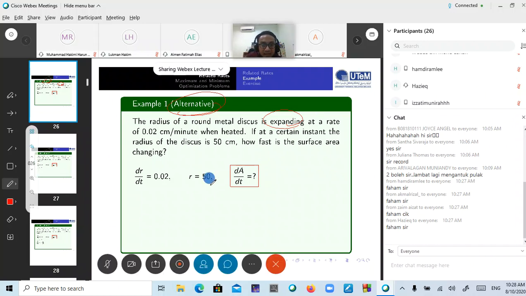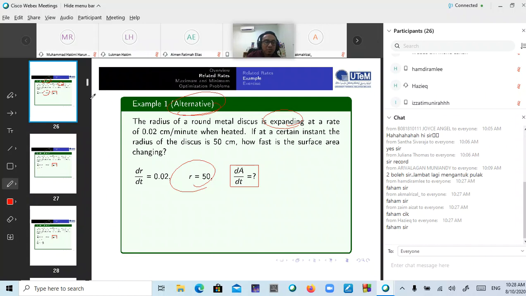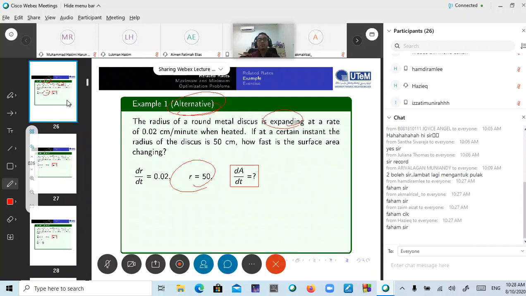Okay, r equal to 15 and dA over dt you want to find. So, what do you want to find? dA over dt. When you want to find dA over dt, you need the area formula. Area of what? Area of the round metal. What is the round metal? A circle. So you look for the formula of a circle, A equal to pi r square.